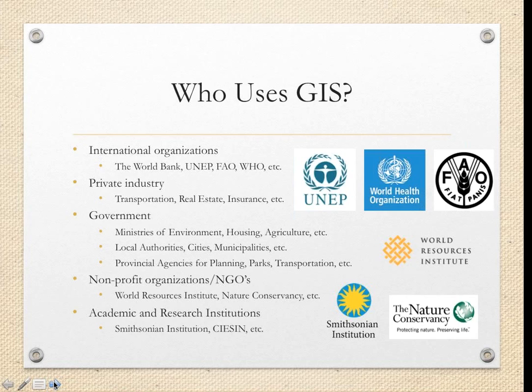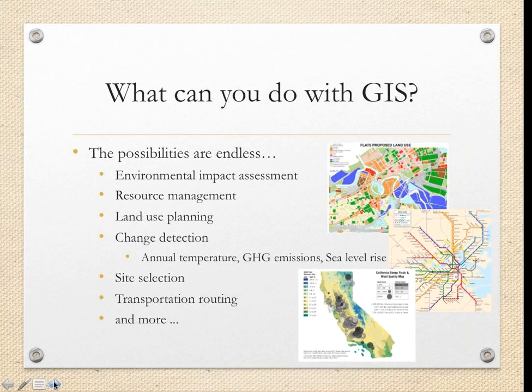So who uses GIS? Well, GIS benefits organizations of all sizes and in almost every industry. International organizations like the World Bank, the United Nations Environment Program, and the World Health Organization rely on GIS to share data visually. Small and large private industries use GIS. There are also many applications for GIS in government.